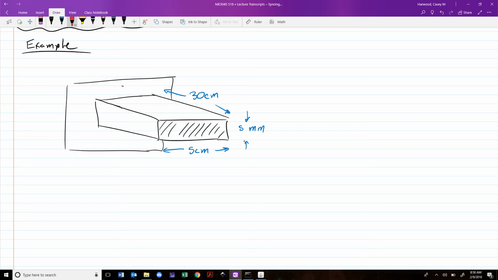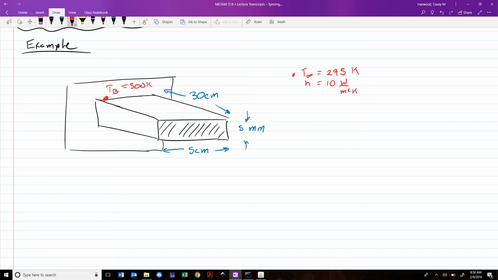It's attached to a substrate with a base temperature of 500 Kelvin. The surrounding air is at 295 Kelvin with a convective coefficient of 10 watts per meter squared Kelvin.